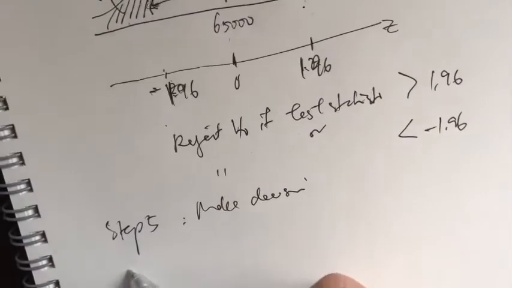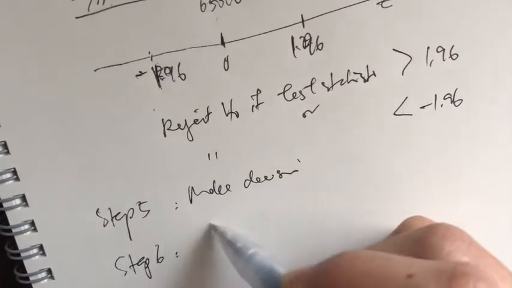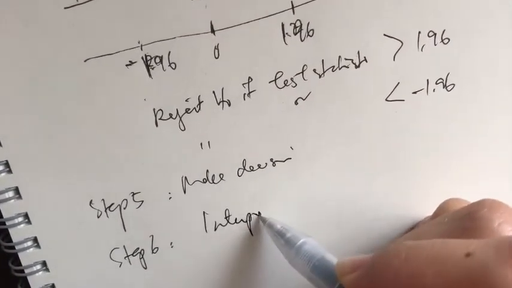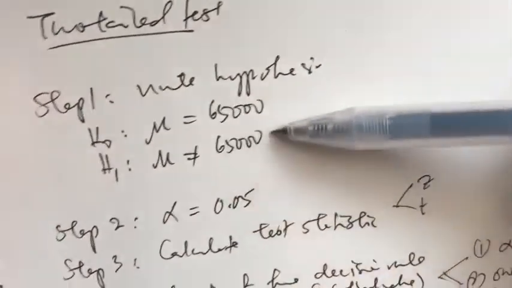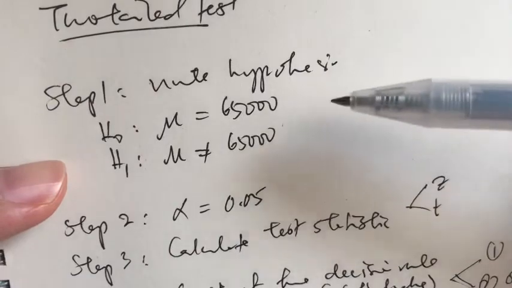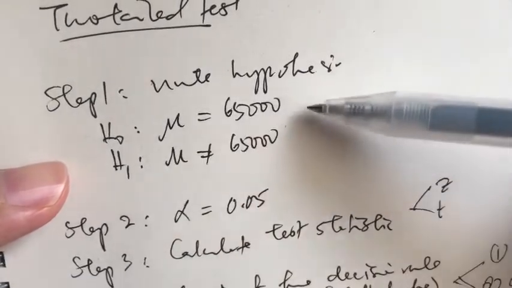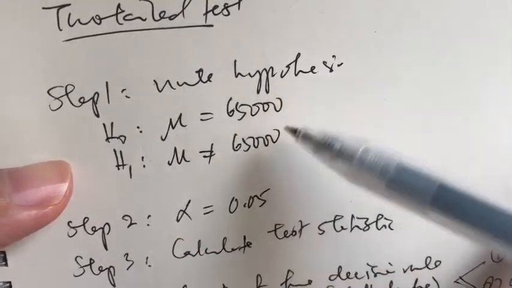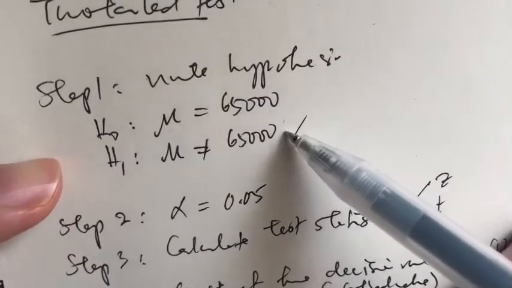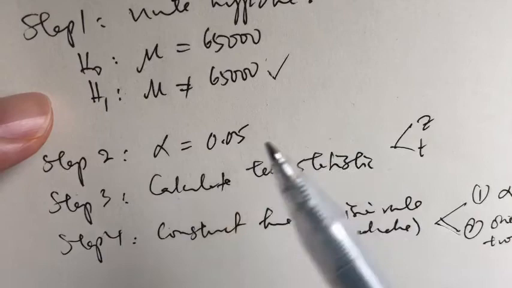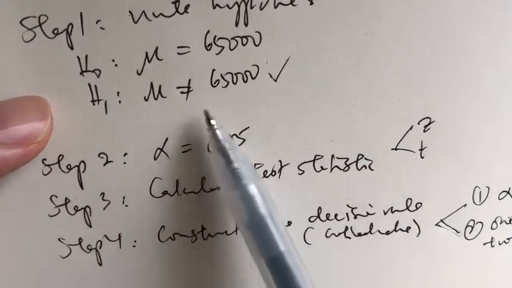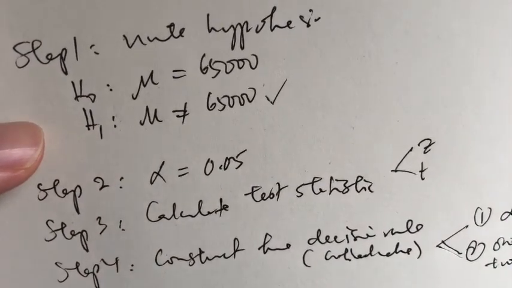Then step number 6, we interpret. Interpreting basically depends on the question. Look at the question here again. If we reject the null, we are actually accepting the alternate. So we can conclude based on our sample evidence that the average income of women is not equal to $65,000 a year.